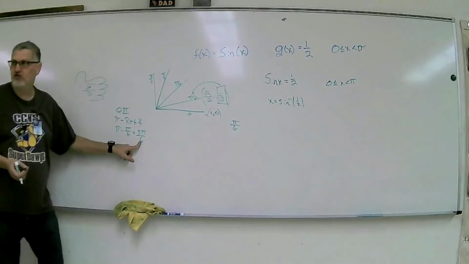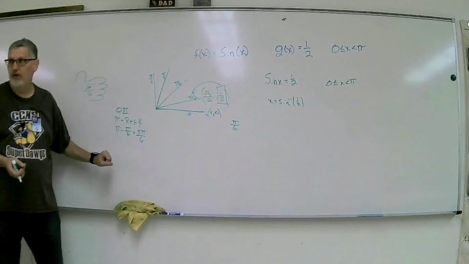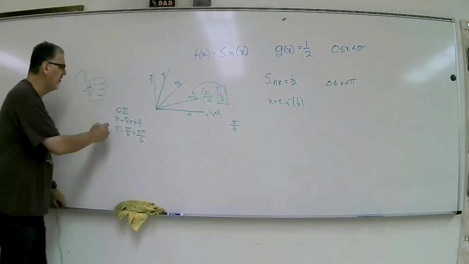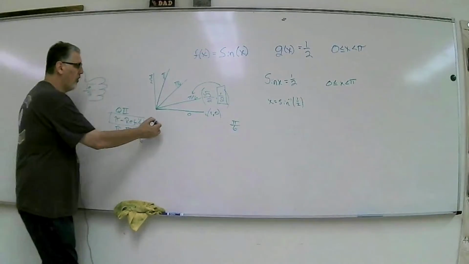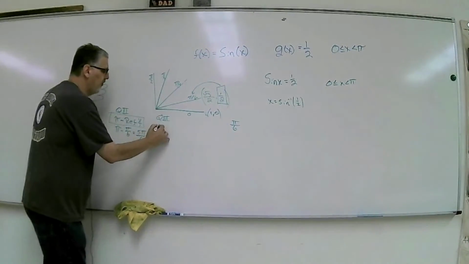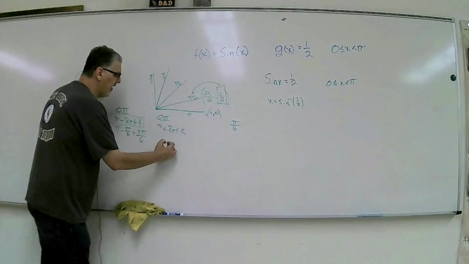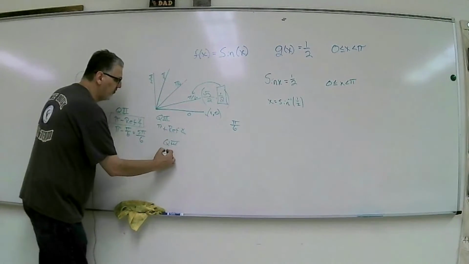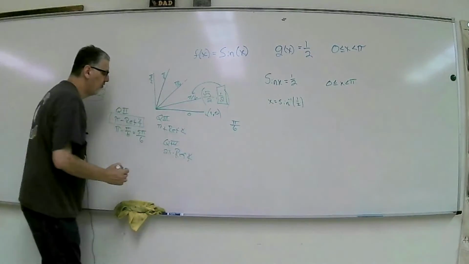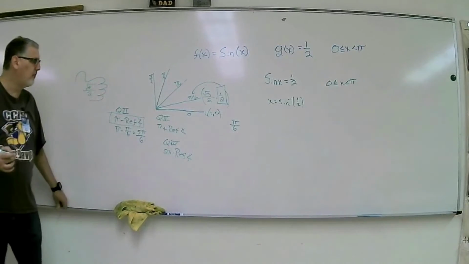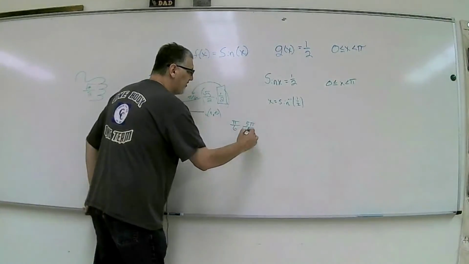Or you can memorize these formulas: quadrant 2 is pi minus your reference angle, quadrant 3 is pi plus your reference angle, and quadrant 4 is 2 pi minus your reference angle. So now I have my bounds of integration, pi over 6 and 5 pi over 6.